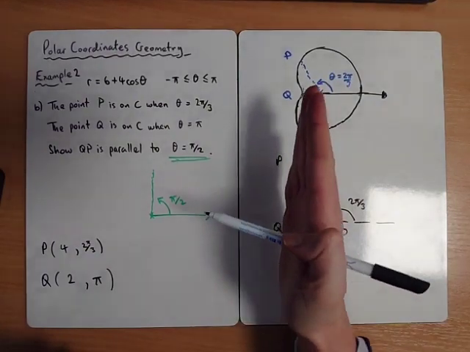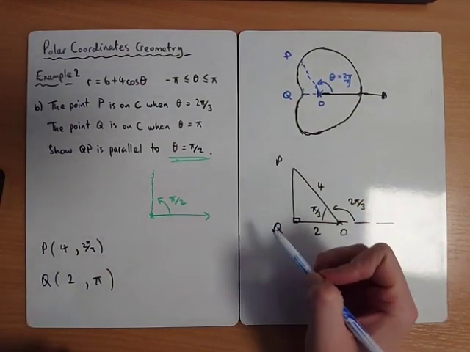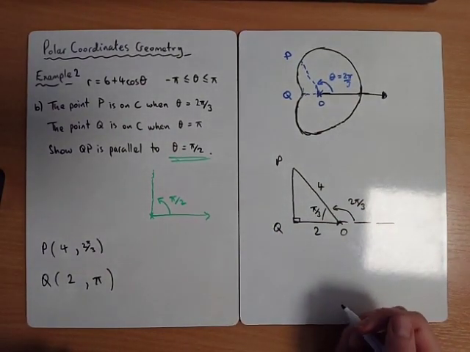So we're aiming to show that this is a vertical line. To be honest, I think there's one way we can do it using the geometry of the situation, but we could probably do it using the Cartesian coordinates as well.